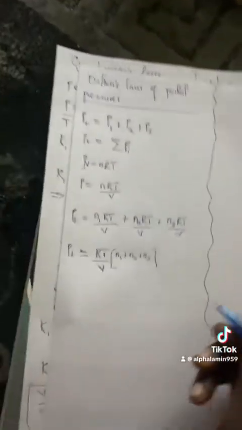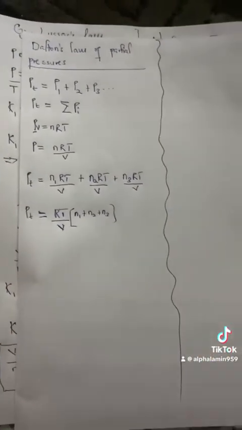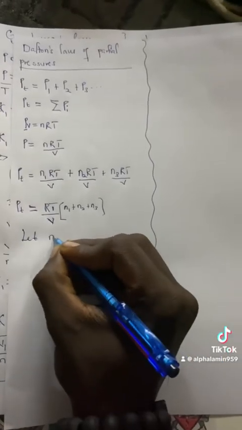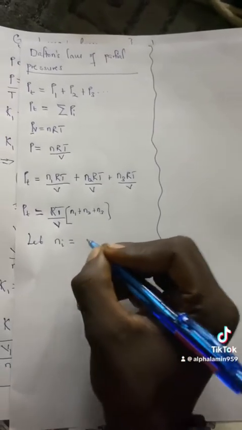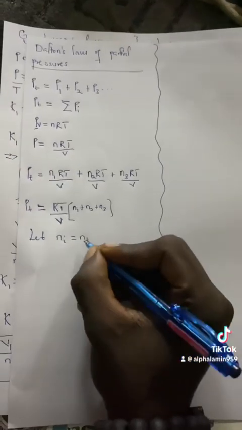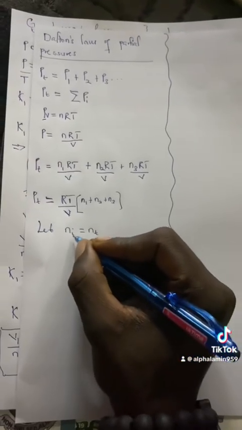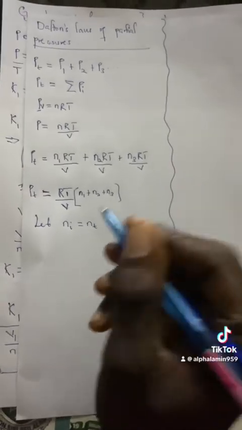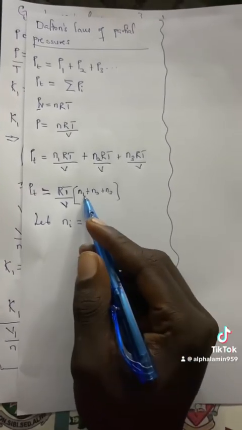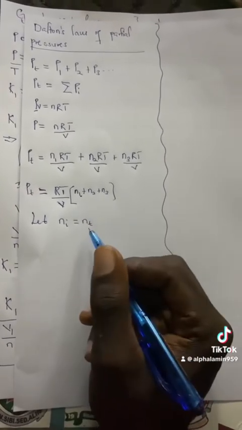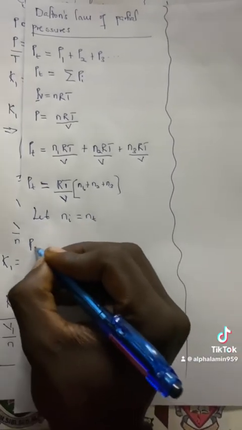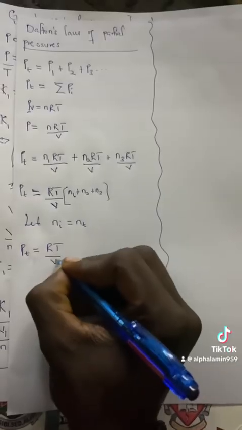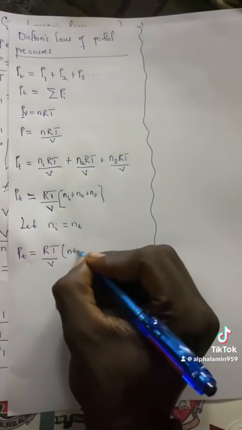So this is one of the ways. But if we let Ni be a certain mole, where Nt represents the total number of moles, and Ni can be 1, 2, or 3, then if we replace this N1 plus N2 plus N3 with Nt, our Pt would be equal to RT over V into Nt.